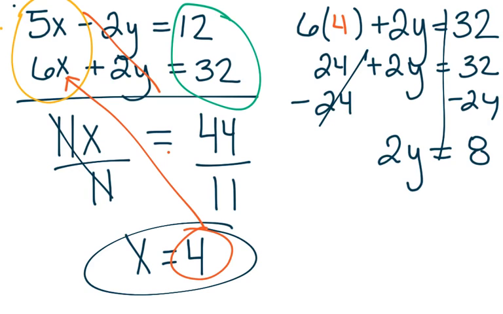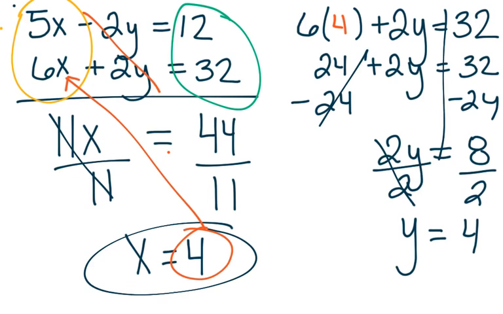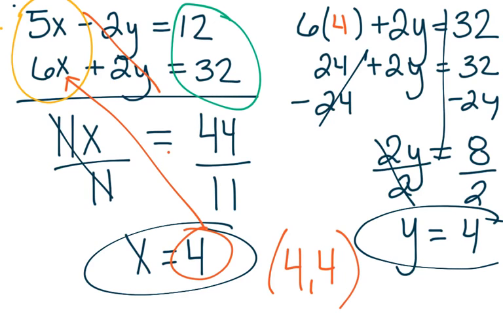And then we're going to divide both sides by 2. y equals 4. So x and y equal 4. So here's our whole answer. The solution is (4, 4). So there's your x, there's your y. (4, 4).